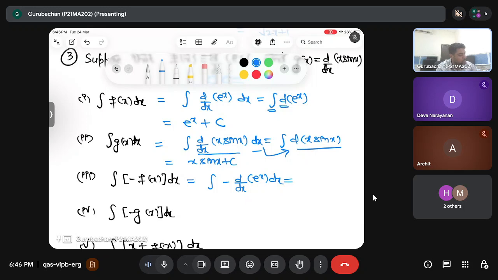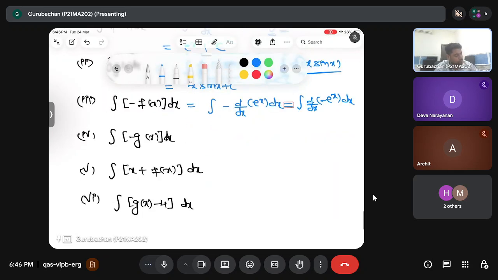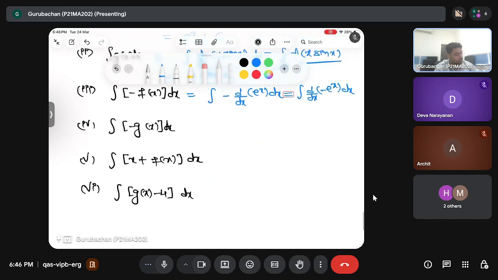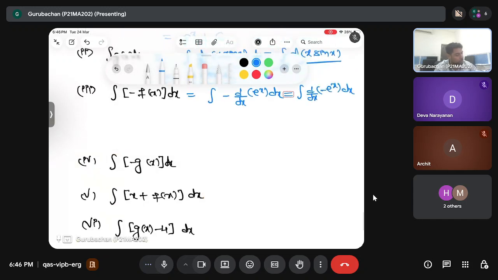Whatever you like, you can use it. So from here, I may write the integral of minus d over dx of e to the power x dx, which can be written as d of minus e to the power x, which can be equal to minus e to the power x plus some constant.